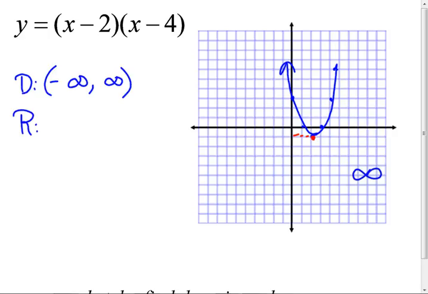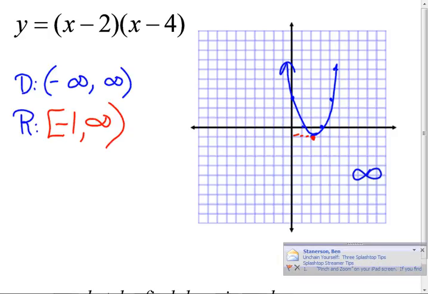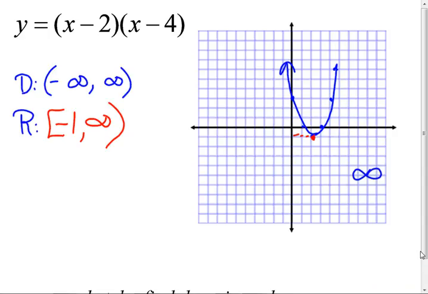What's the y value here? Negative 1. It's only 1 unit down, it goes up to infinity. Remember, the range does this. The range does this. The lowest y value, or the highest, because if it's upside down, that's what happens.